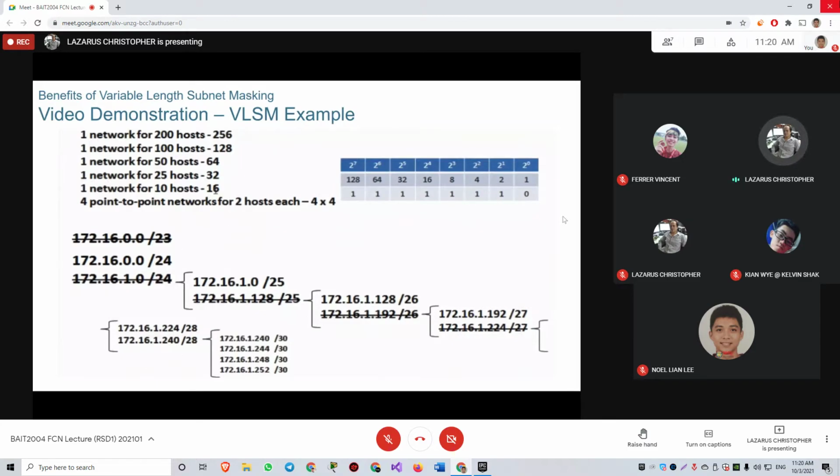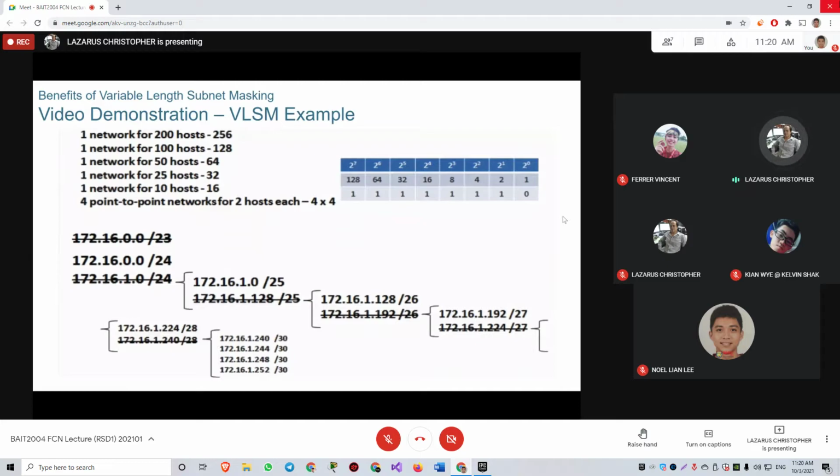I only need one. The second one I'll use for 4 subnets of 4 hosts each. So now instead of the 240/28 subnet, I have the 240/30, the 244/30, the 248/30, and the 252/30 subnets.